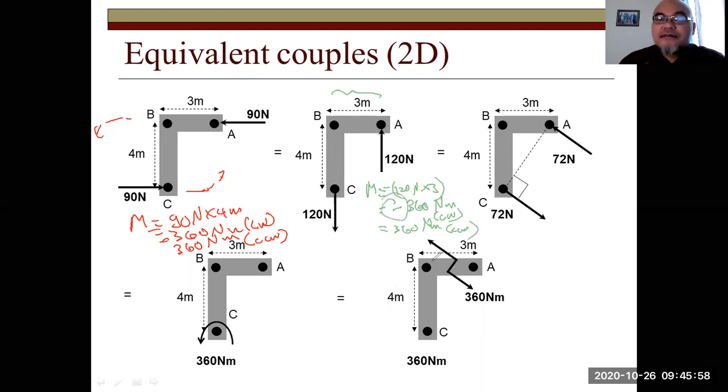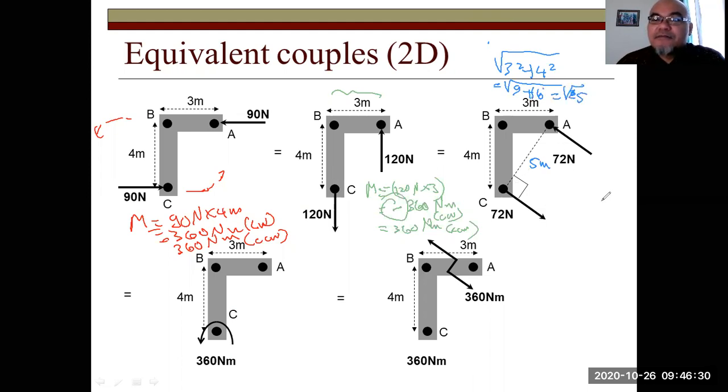Okay, the third moment here. Now, this is not that easy. Based on Pythagoras theorem, we know that the distance between these two parallel forces is 5 meters, right? From square root of 9 squared plus 4 squared, so equals square root of 9 plus 16, equal to square root of 25.